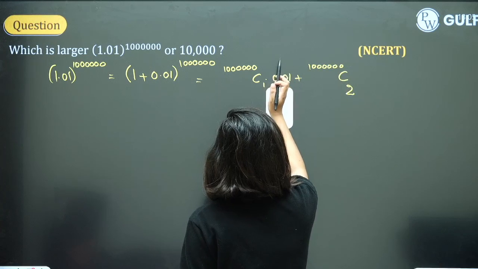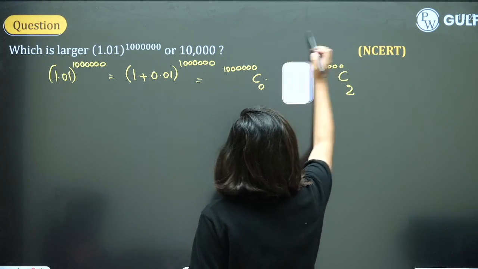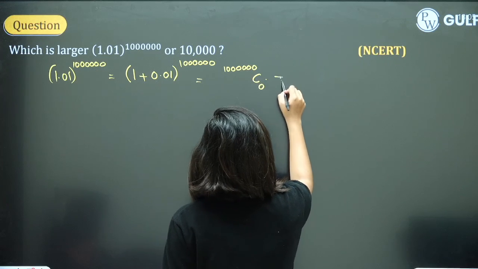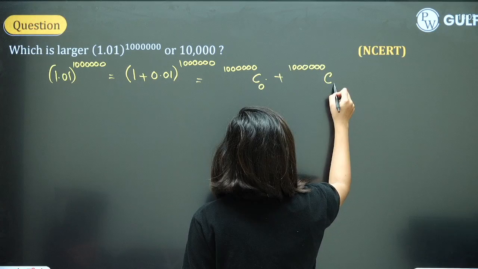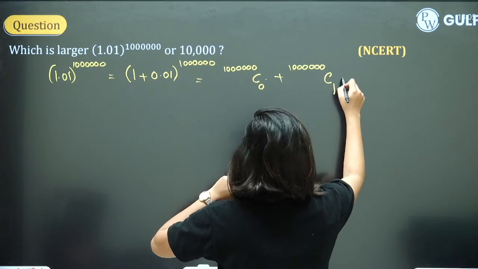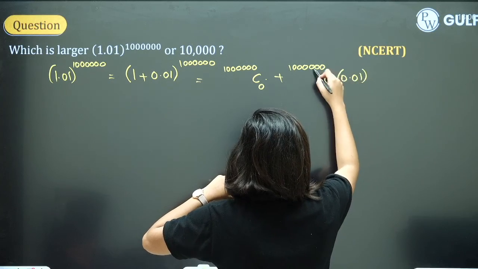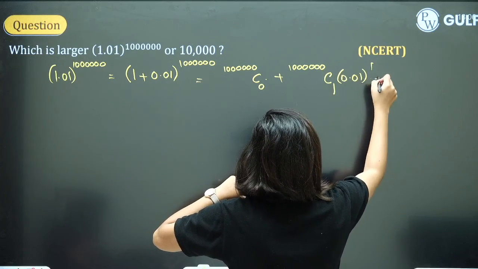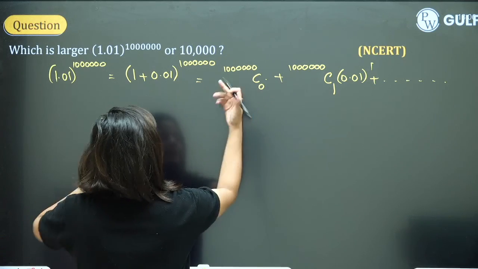First there will be NC0, then NC1, first term raised to n minus 1, and the second term, which is your 0.01 raised to 1. And then the remaining positive terms. What is NC0 in general?